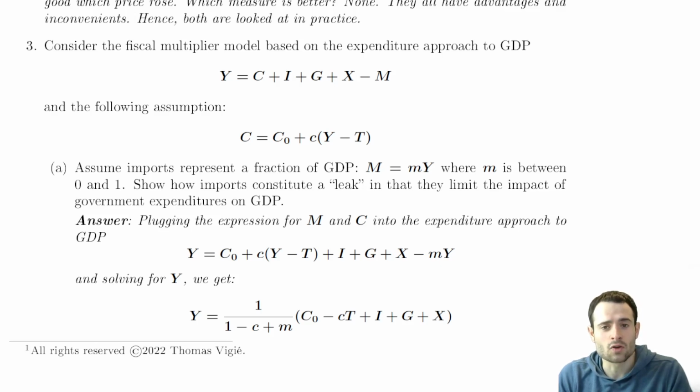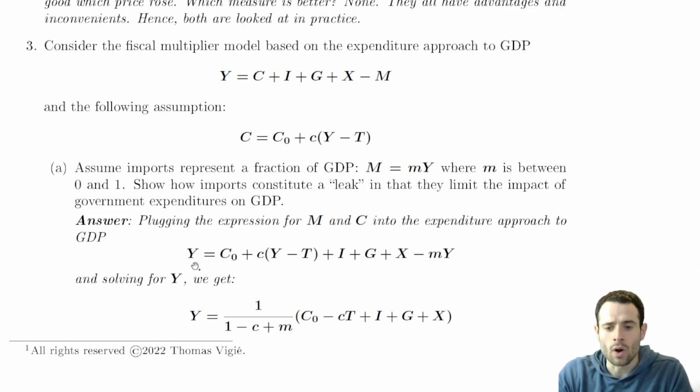First, we need to compute the fiscal multiplier, and we are going to plug our two assumptions about consumption and about imports. Plugging C here, we get C0 plus little c times (Y minus T). And plugging M here, we get minus little m Y. Y, GDP, appears on both sides of the equation. So let's isolate Y by putting this c times Y on the left-hand side and that minus m times Y on the left-hand side as well.